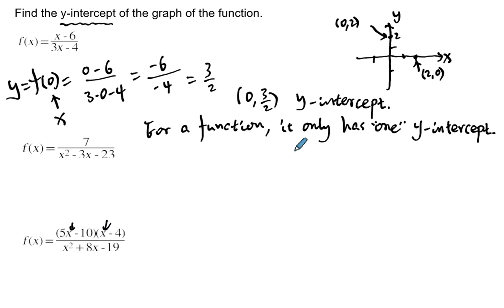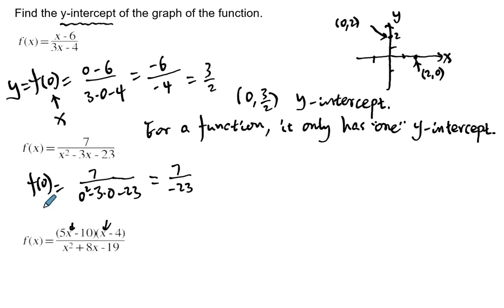But for a function, there is only one y-intercept. Okay? So here, that's easy. Plug in 0. 7 over 0 squared minus 3 times 0 minus 23. Then you have 7 over negative 23.